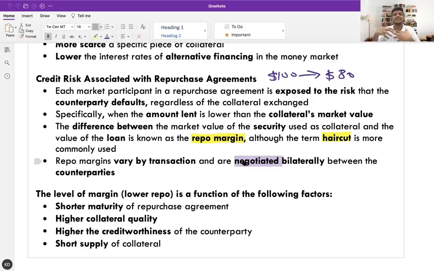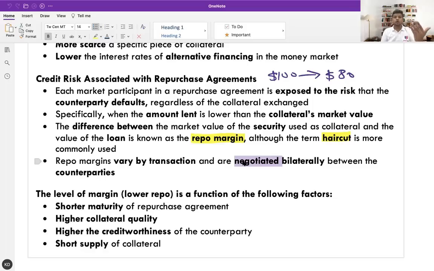Why? Because then you will lose less money in case of default. If the margin is more, the chances of your haircut, the chances of you losing money, are high as a lender. Correct?